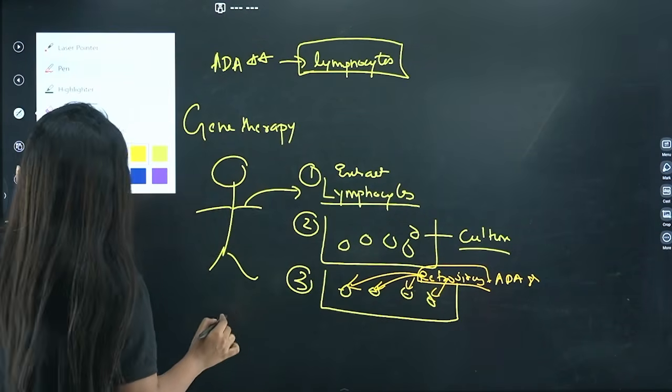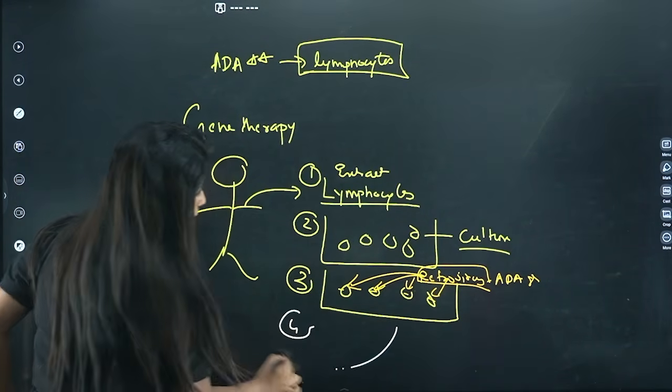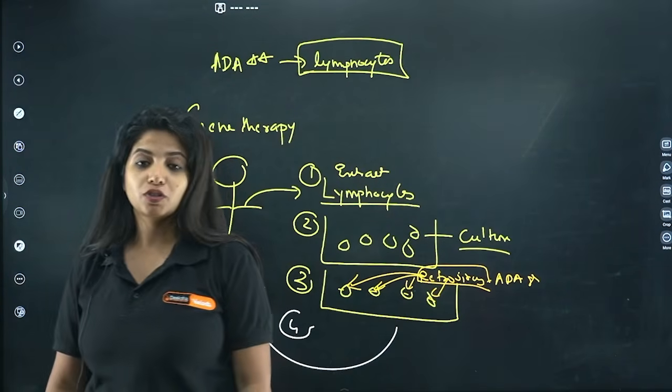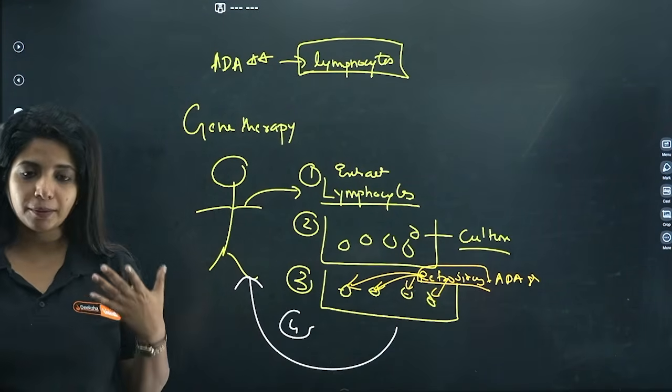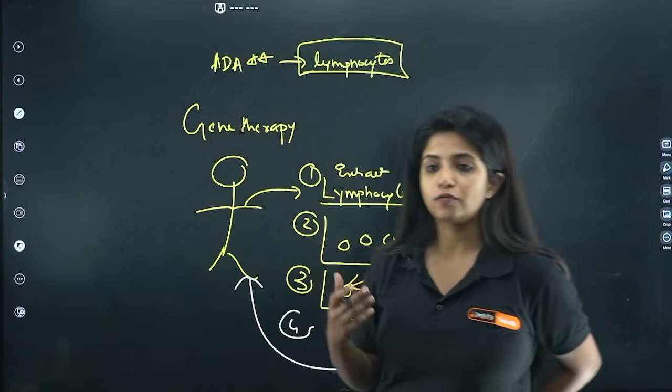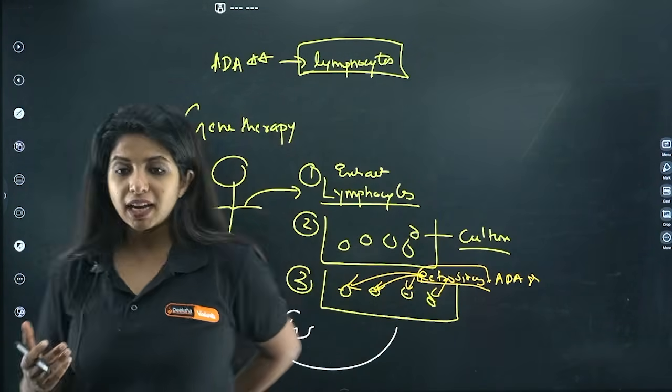Now we put it back to the patient. And this is known as ADA gene therapy, where basically we are providing the gene which is responsible for the production of this particular enzyme.